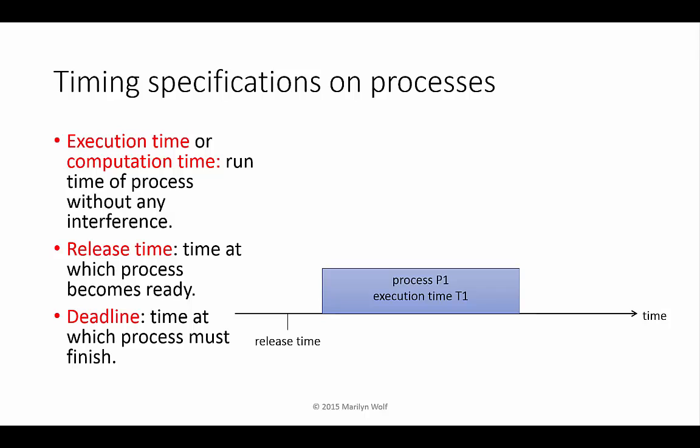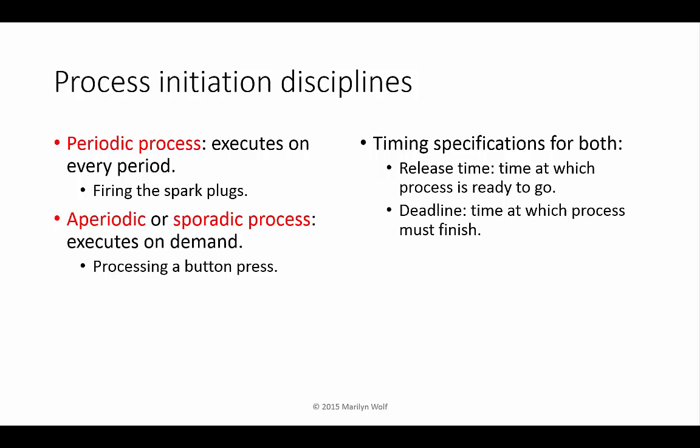The deadline is simply the time at which the process has to finish its computation. So the process can start at the release time, it needs to finish by the deadline. We can think about several ways in which we want to execute processes. Many processes, such as firing the spark plugs in a car or dealing with these audio samples, are periodic. We have to execute them regularly.